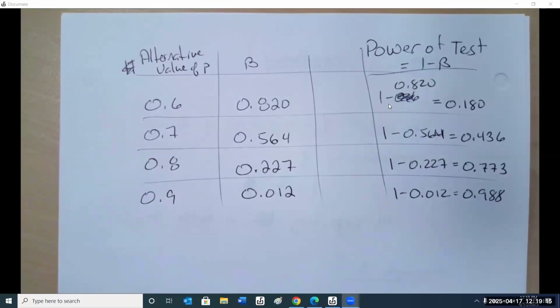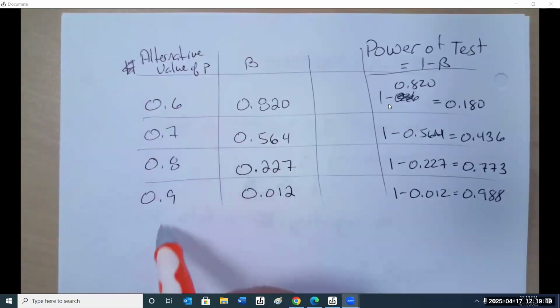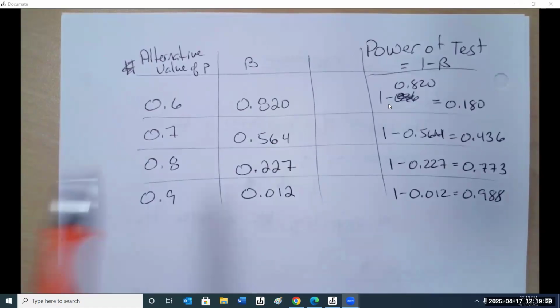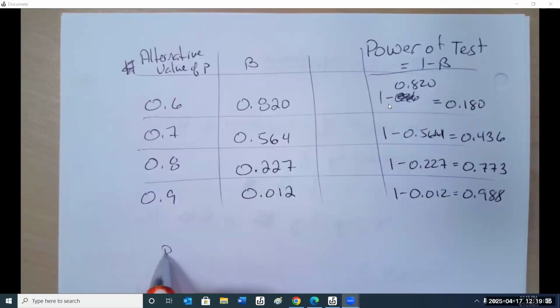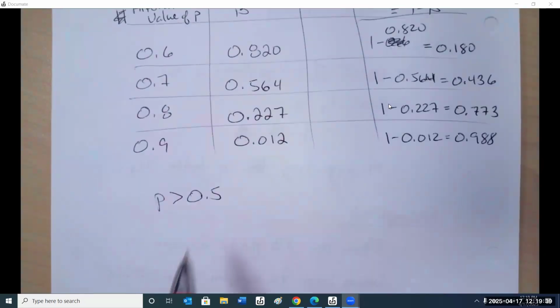Now, the question is, why did we use these? And why 0.6, 0.7, 0.8, 0.9? Why not others? What did it say? That was the problem: it said P is greater than 0.5.